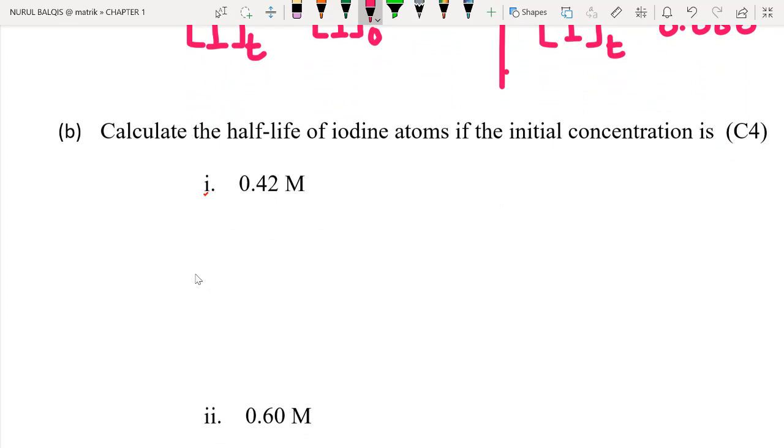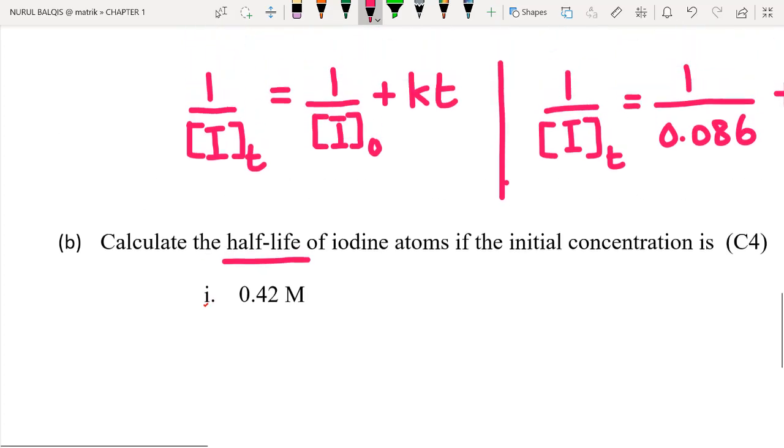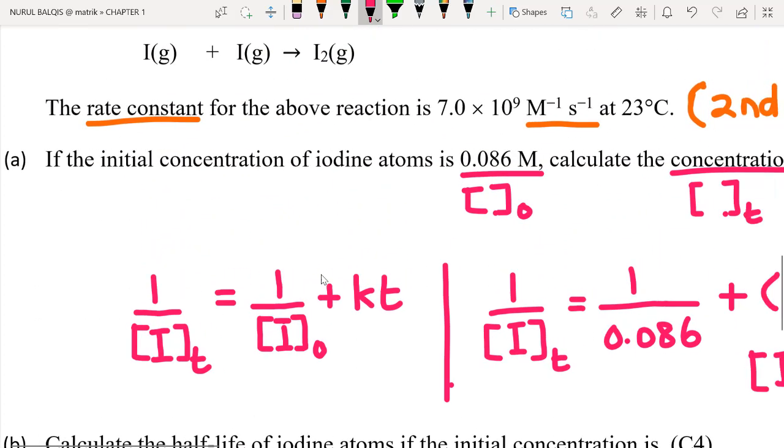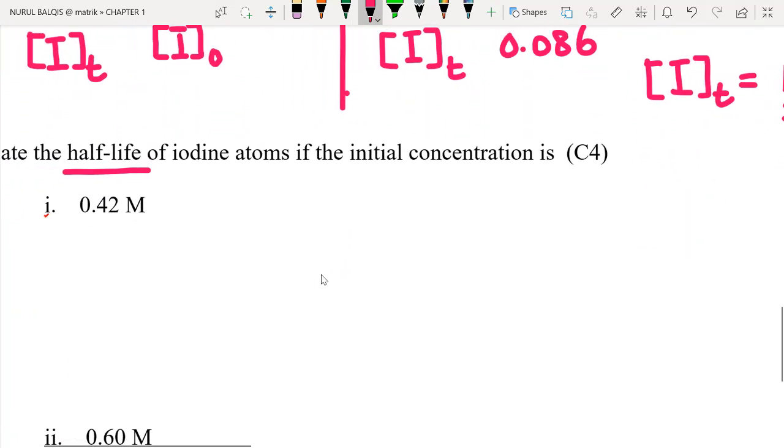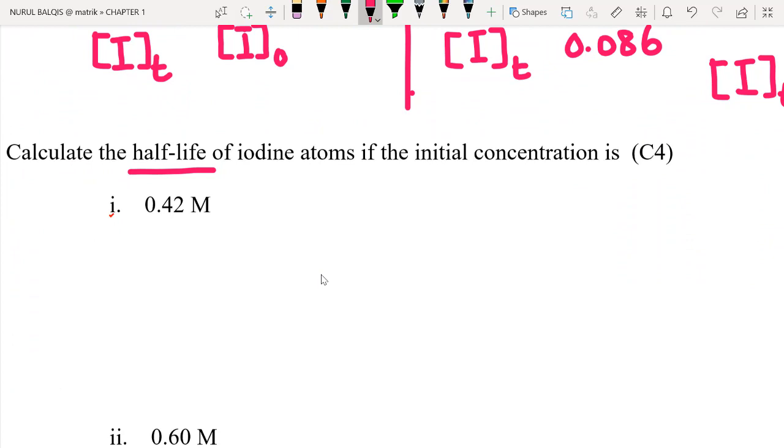Calculate the half-life of iodine atoms if the initial concentration is... So this question asks you to calculate the half-life. This is totally new for this tutorial, but we have already learned this in our lecture. Since we know that this overall order of reaction is second order, we can simply use the half-life formula for second order reactions.